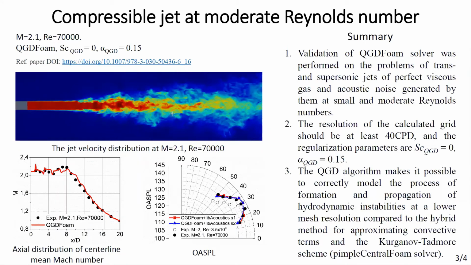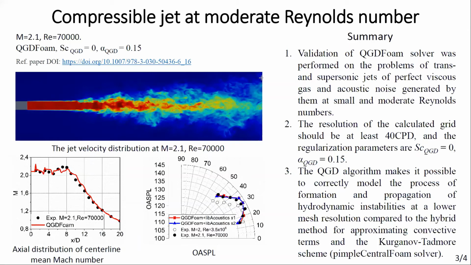In this task, we use Schmidt number equal to 0 in all the field, and alphaQGD was 0.15. Our results allow us to formulate a recommendation for the calculation of a jet at low Reynolds number.